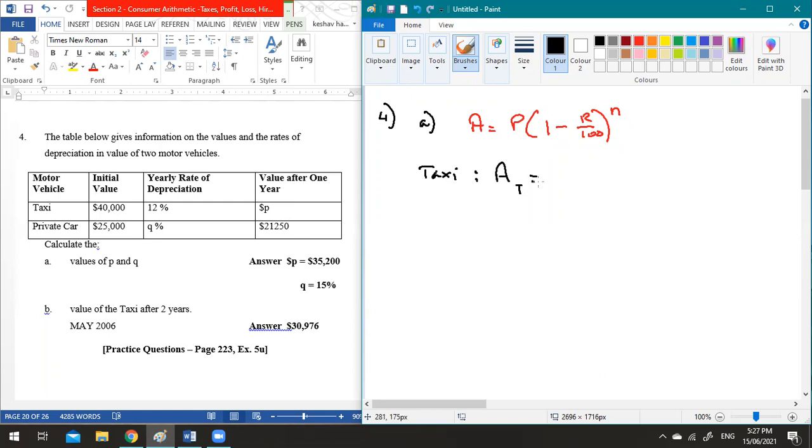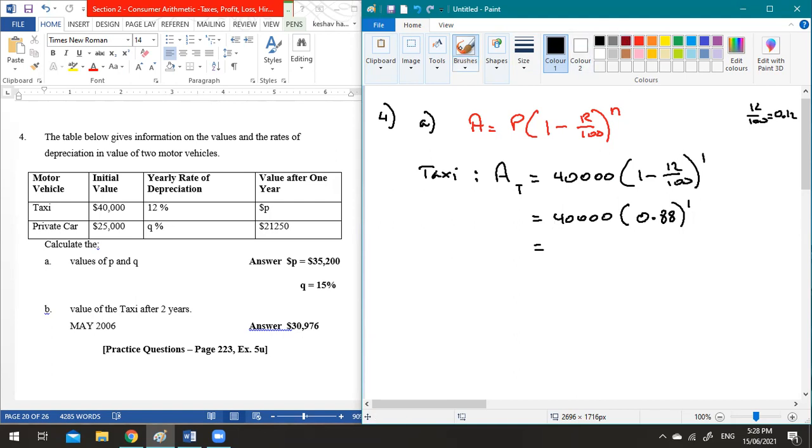The amount for the taxi will be the principal amount, which is 40,000, multiplied by 1 minus 12 over 100, and it is 1 year. So it's 40,000. Now 12 over 100 is 0.12. So you get 0.88 to the power 1.